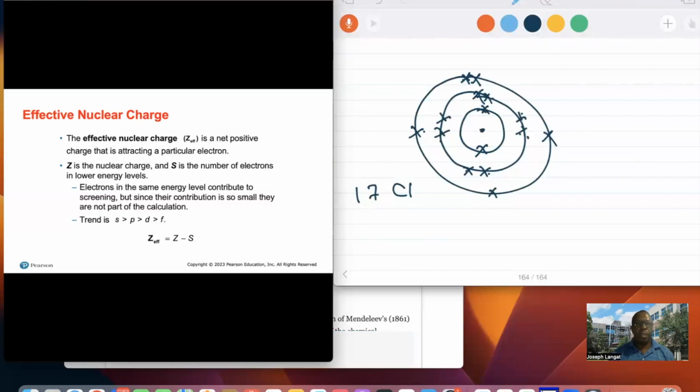And the effective nuclear charge in this case is the net charge being felt by this electron.